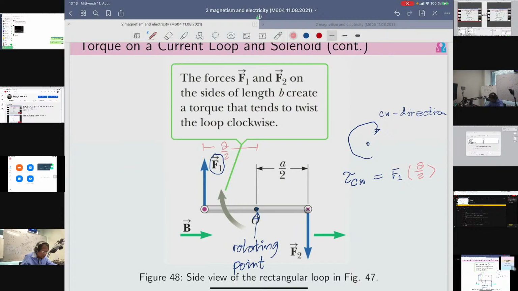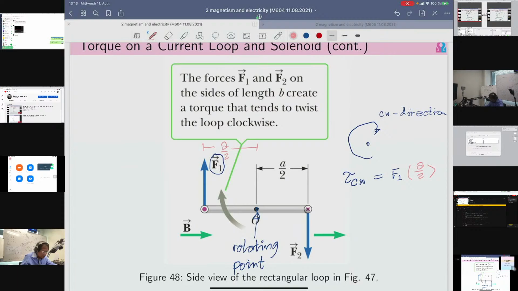So you can write down here that the torque doesn't include only a single F1, but also F2. And the distance is going to be A by 2, right? If you go into the detail, you will find that F1 and F2 are the same.